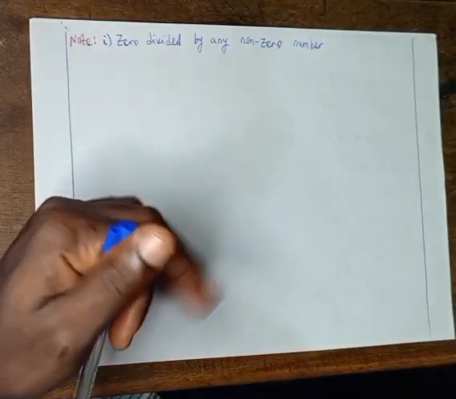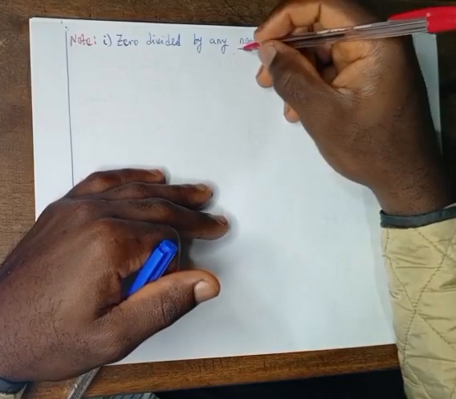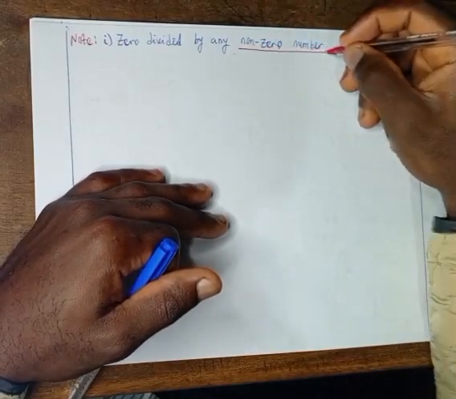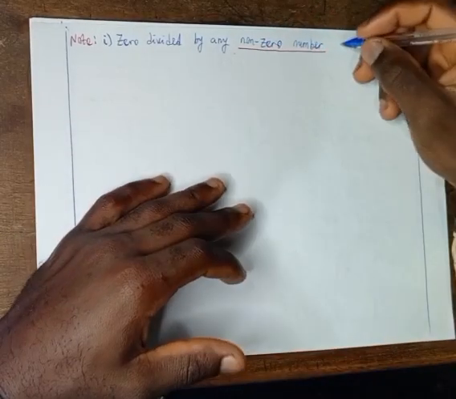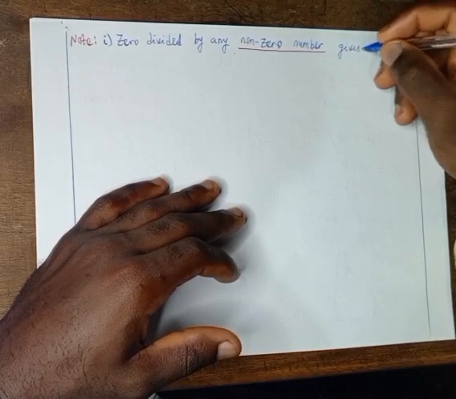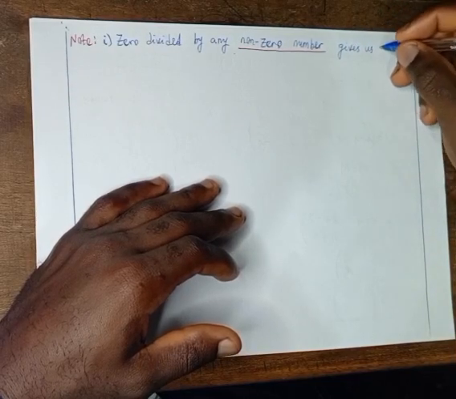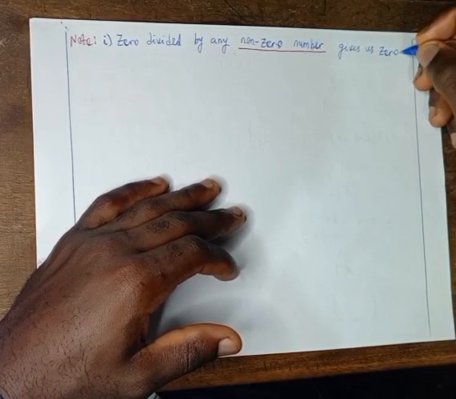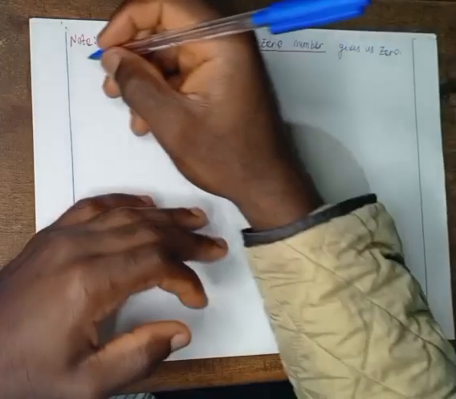That means if you divide 0 by any number which is different from 0, you obtain 0.